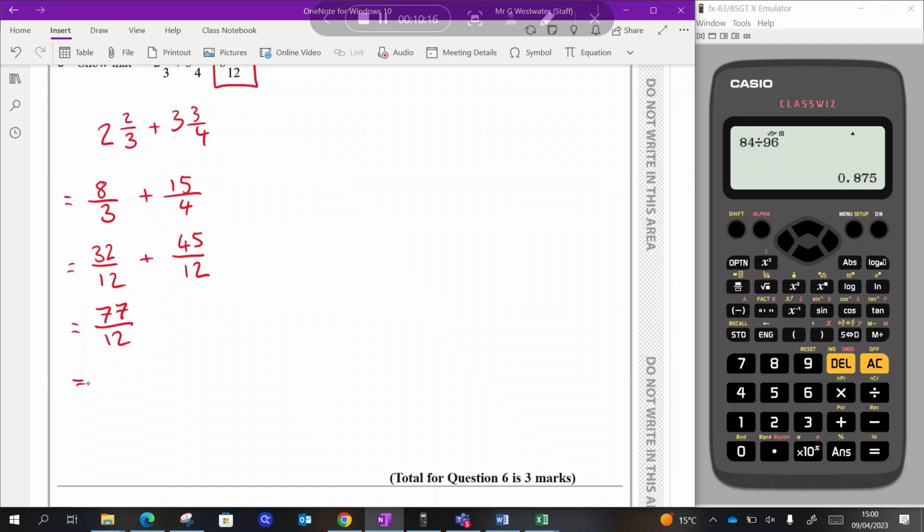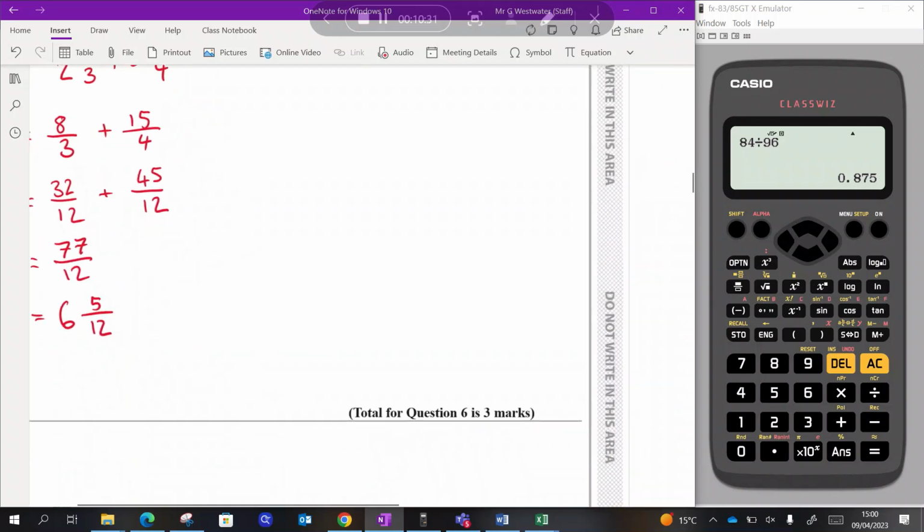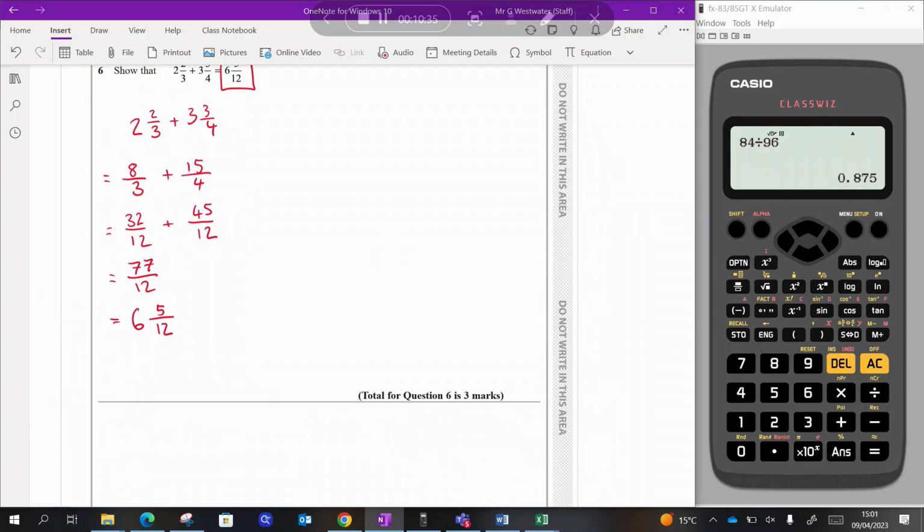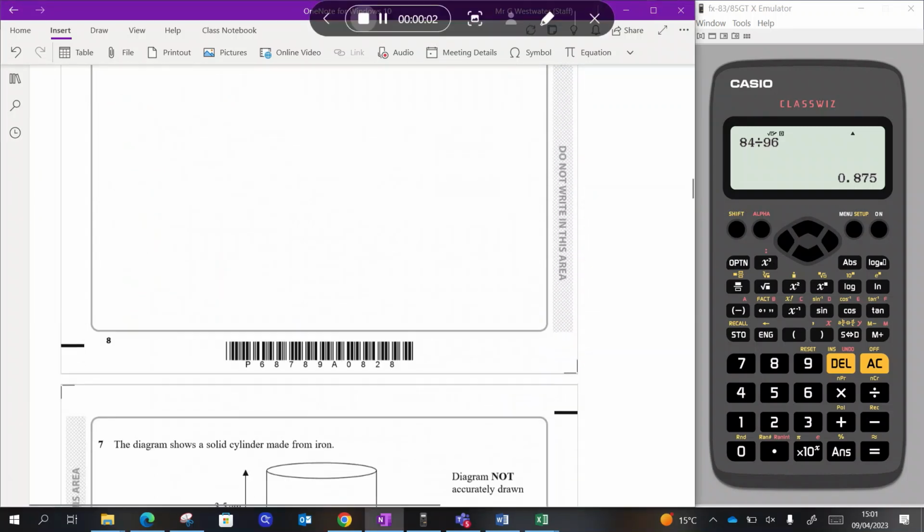And lo and behold, this does equal 6 and 5 twelfths, because 12 goes into 77 6 times with a remainder of 5. Okay, which is what we needed to show. Okay, and on to question 7.